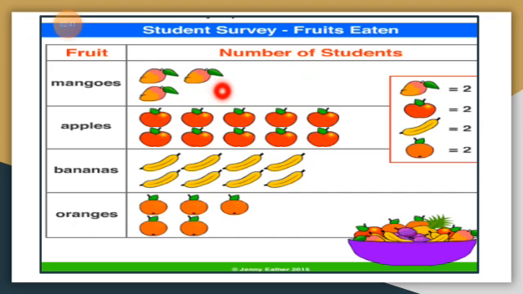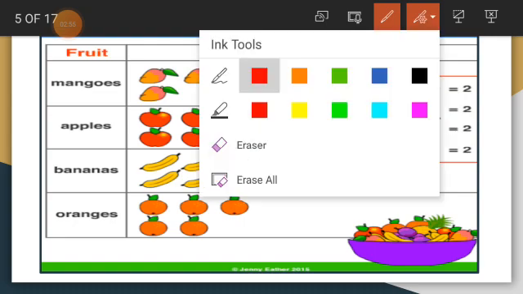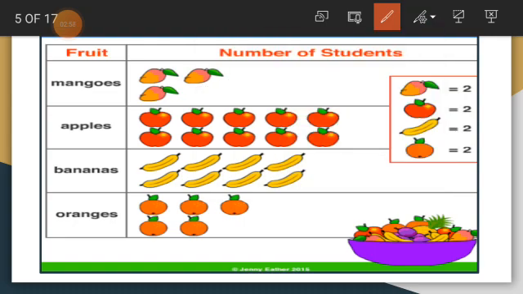So how many students like the mangoes? 6. Let me take out my pen now. 1, 2, 3 mangoes. 3 times 2, or 2 times 3, is 6. So how many students like mangoes? 6 students.